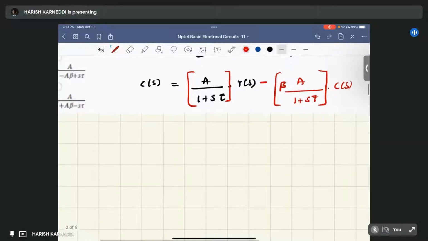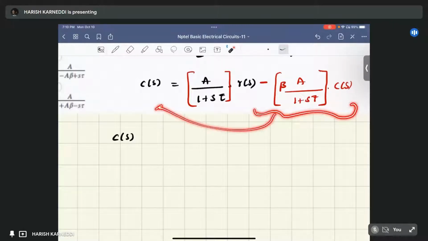So we can write the C of S terms on one side, then it will be C of S. This side it is minus, so if we send it to this side, it will be plus, right?